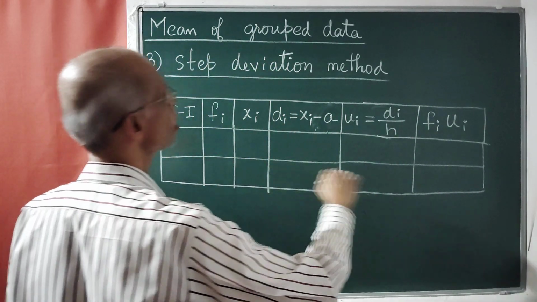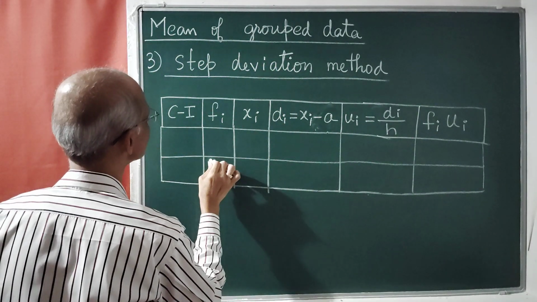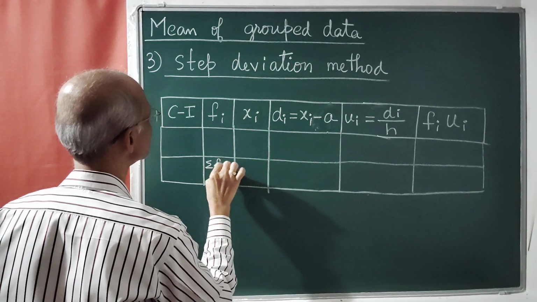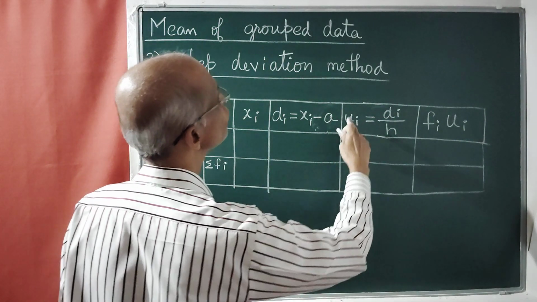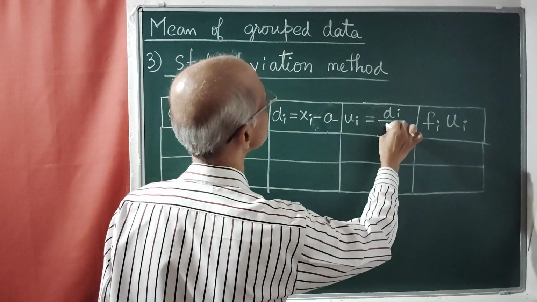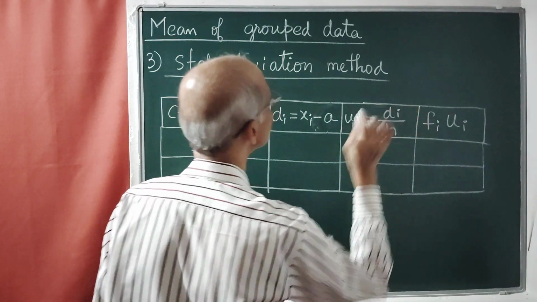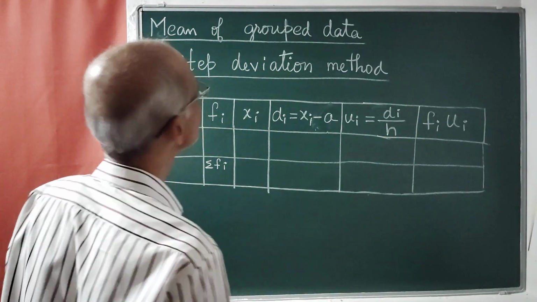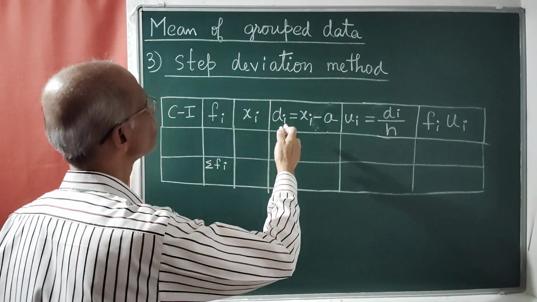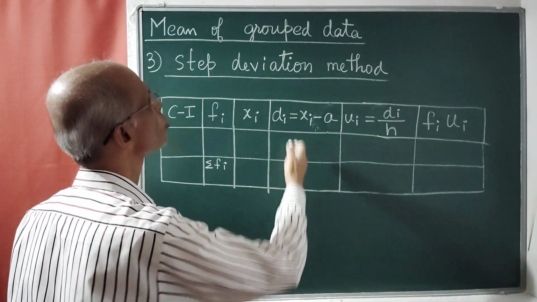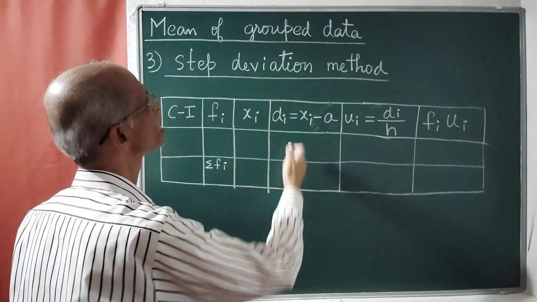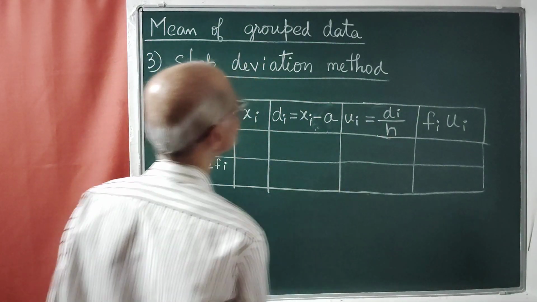In the last row, we have to find the value of sigma Fi. Then now we'll see what is h. For all the values of di, you have to find the common factor. That common factor is h.